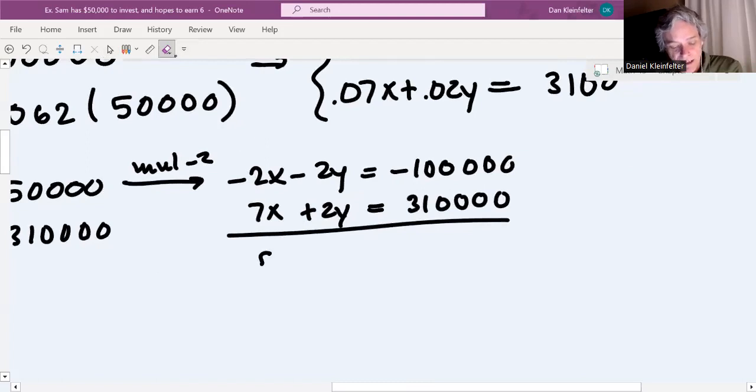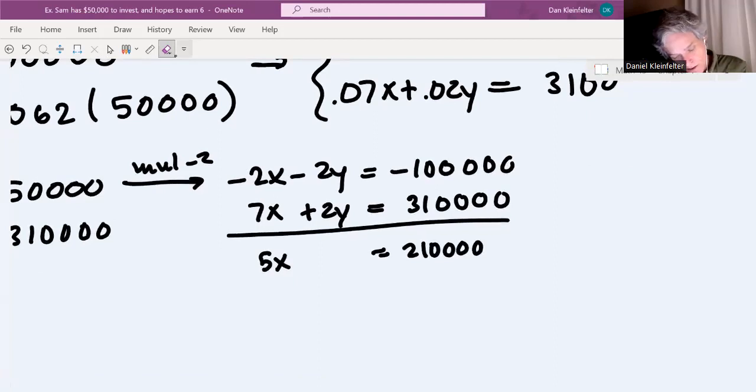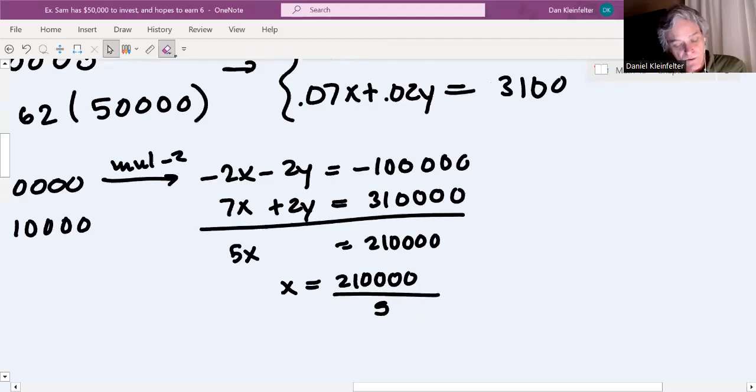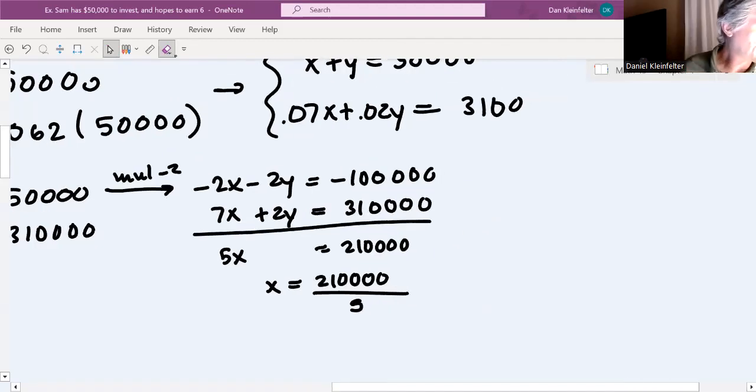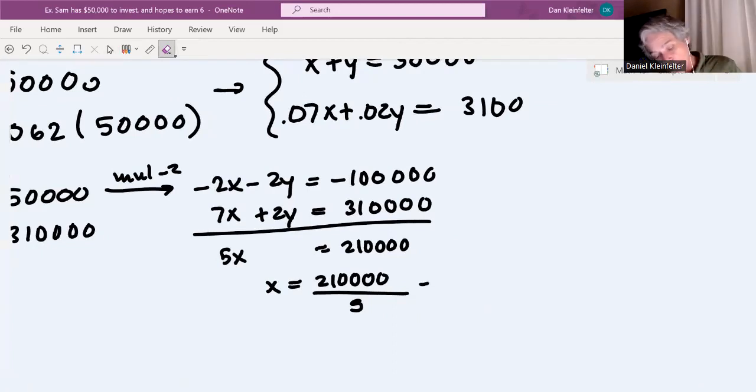That will give us 5x. There are no y's, and then 210,000. And that looks good. And then to get our x, we'll divide the 210,000 by 5. And I think that's 42. But let's check. Yep, that's 42. Okay.